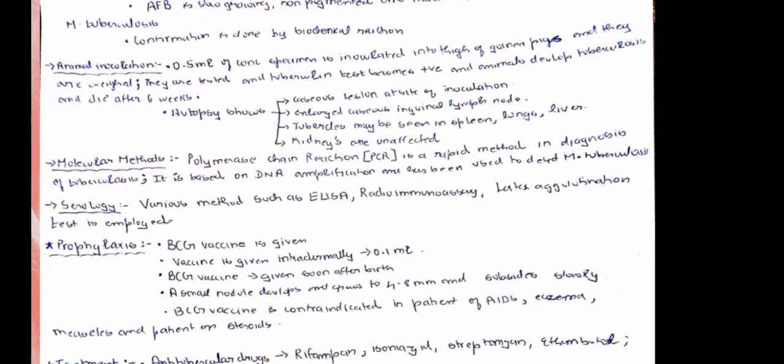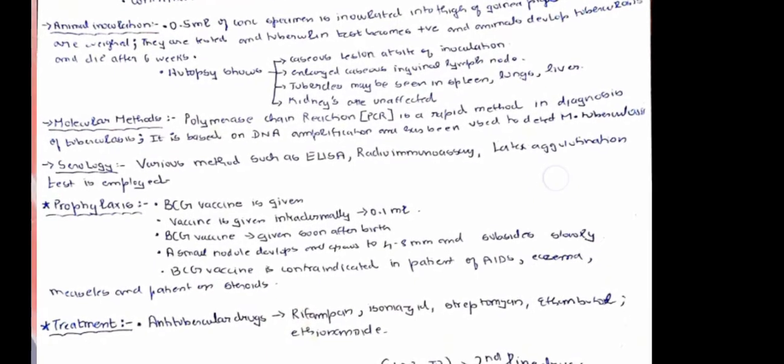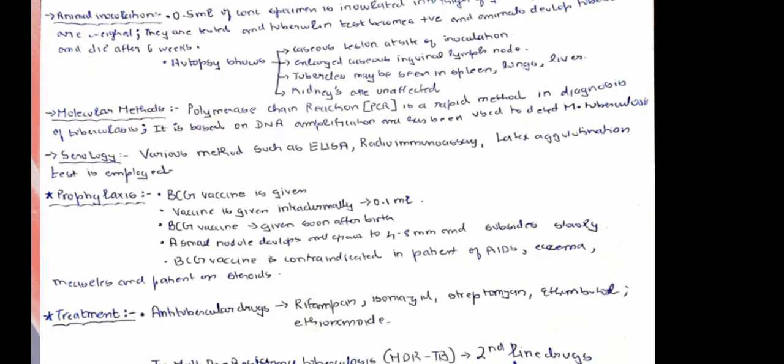The tubercles may be seen in the spleen, lungs and the liver, and the kidneys remain unaffected. Now the molecular methods: the polymerase chain reaction, that is PCR, is one of the rapid methods in diagnosis of tuberculosis, and it is based on the DNA amplification procedure and has an important role in detection of Mycobacterium tuberculosis. Coming to the serology, there are various methods such as ELISA, that is the enzyme-linked immunosorbent assay, the radioimmunoassay, and the latex agglutination test which is employed.